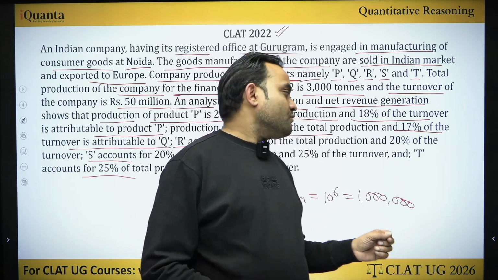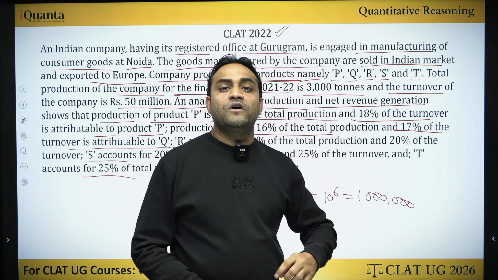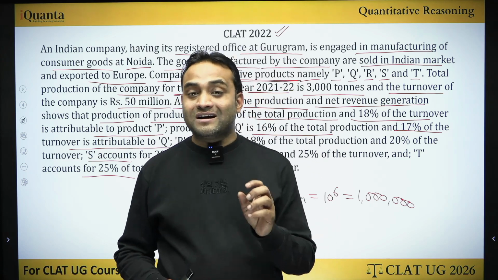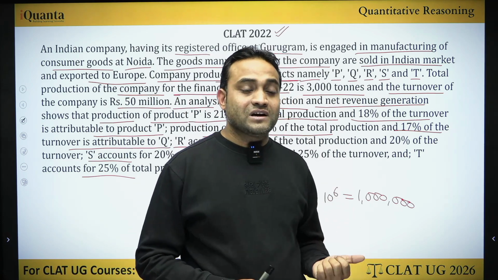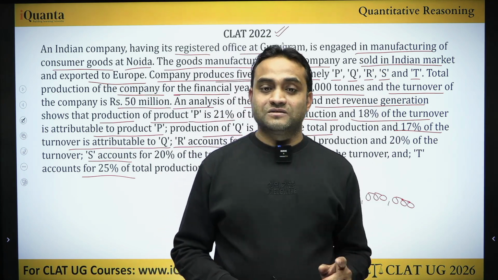So even if data of one of the products was not given, we could have found out the rest, right? For the 5th product. But you can understand the level of the question in this way, that data of all 5 products has been mentioned.